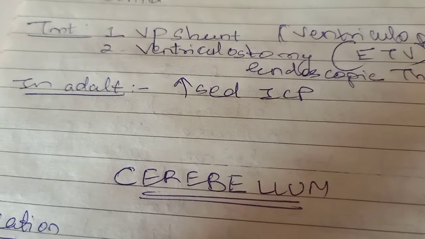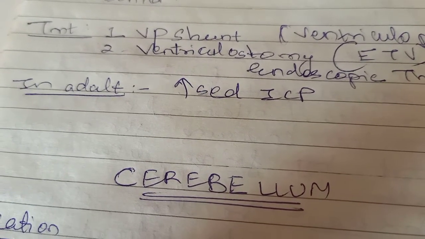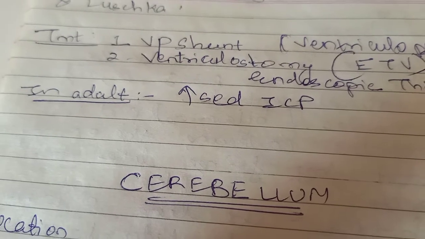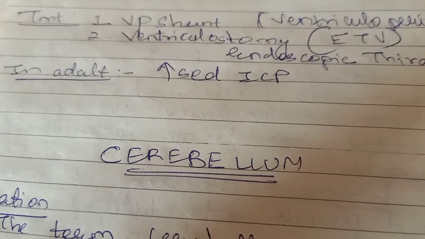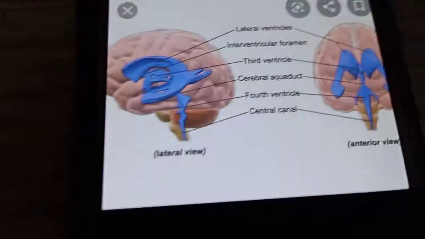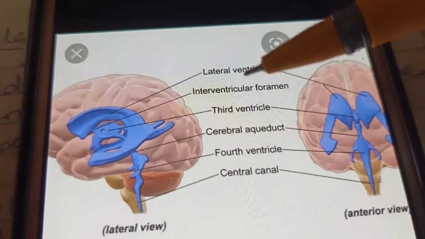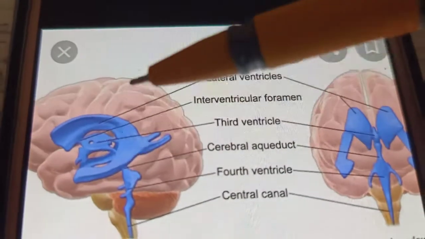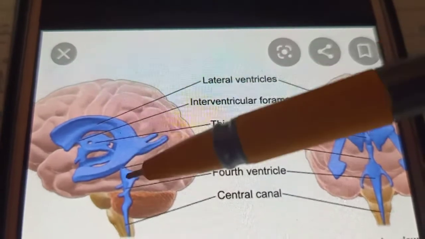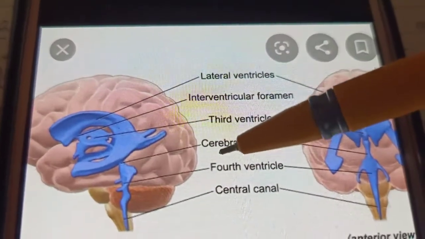I'll show one important diagram. The CSF flows from the lateral ventricle through the interventricular foramen to the third ventricle, and from the third ventricle goes to the fourth ventricle with the help of the cerebral aqueduct.